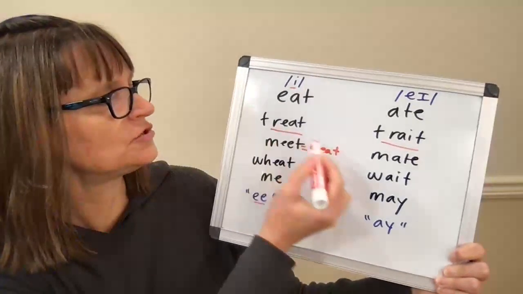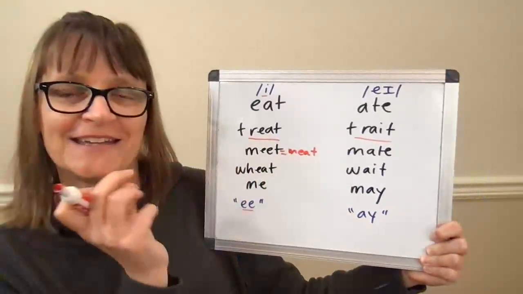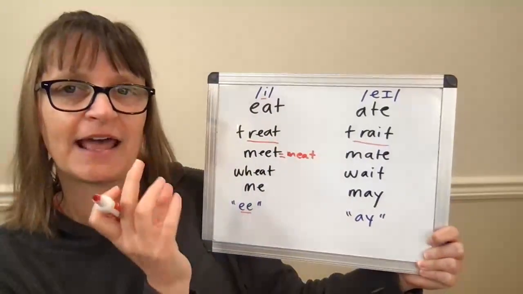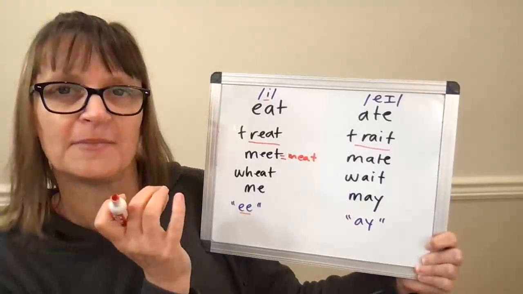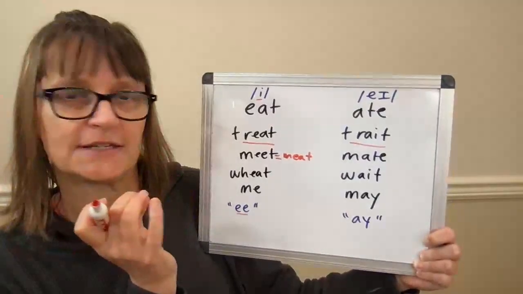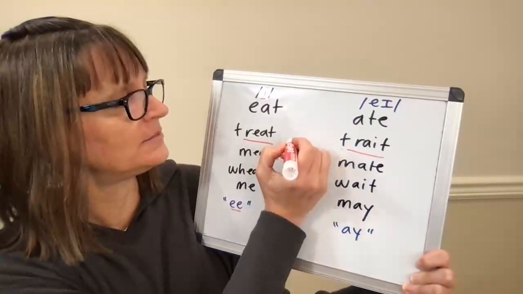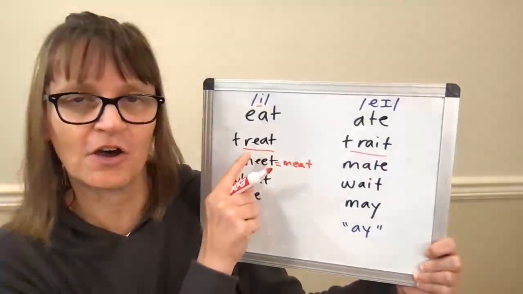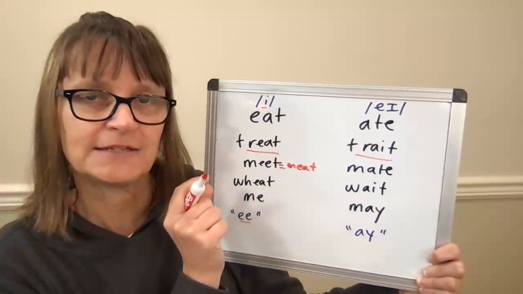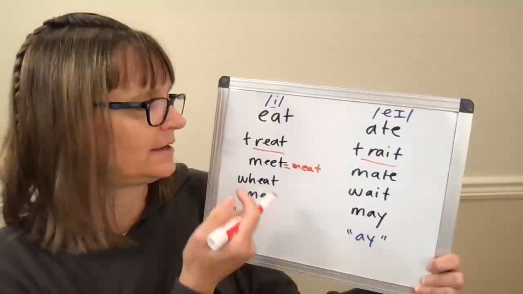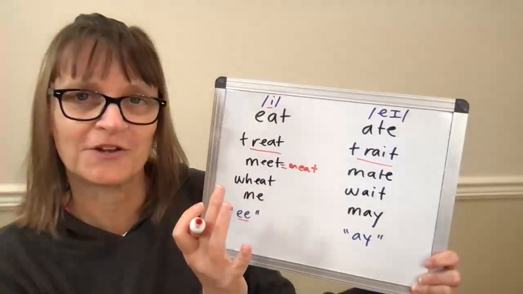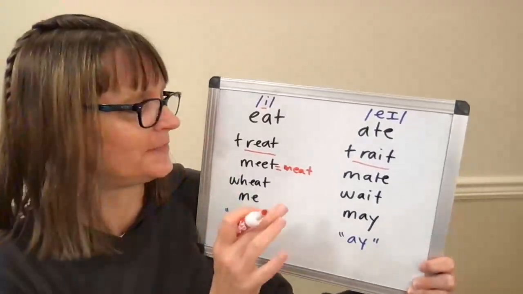So in treat, I can build from that tense E, eat, and add my TR sound at the beginning. Eat, treat. If you find the TR to be difficult, you can try building up, just adding the R, eat, reet, treat. And of course work on your R separately in other contexts as well.